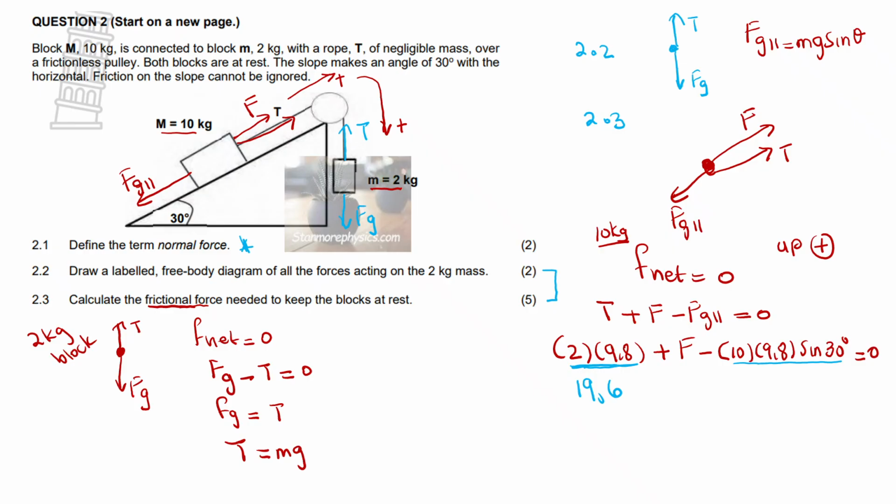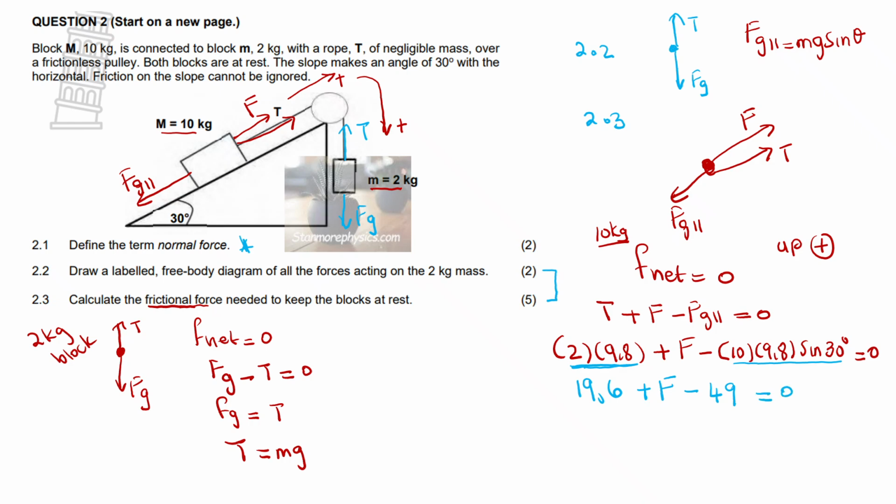So this will be 19.6 plus F, then we're going to subtract. When we punch that on the calculator, we get 49 newtons. So it's 49 equals 0.